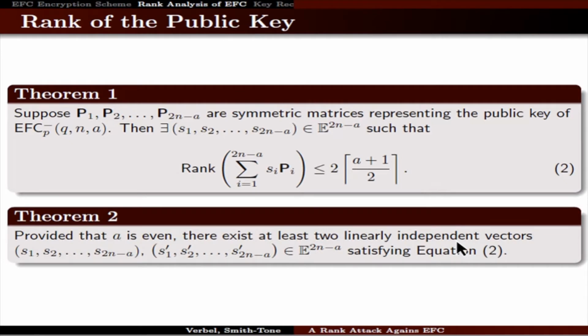And you can also say a little bit more. When A is even, you're going to find not only one linear combination, but two linear combinations that are linearly independent. This is a weakness.